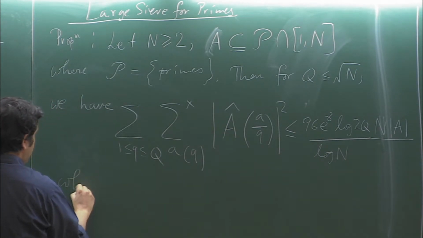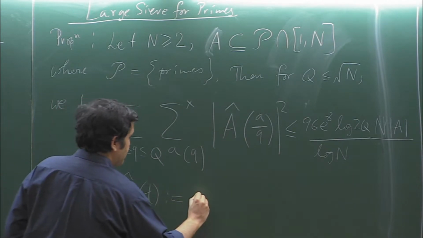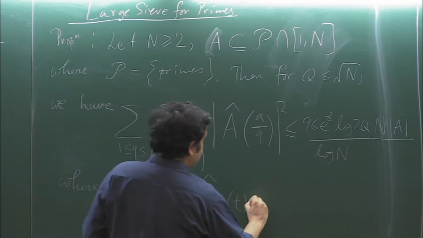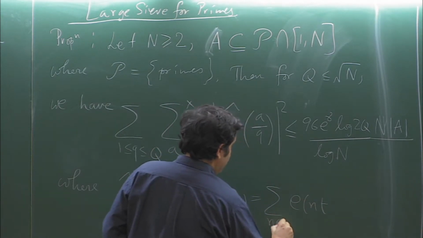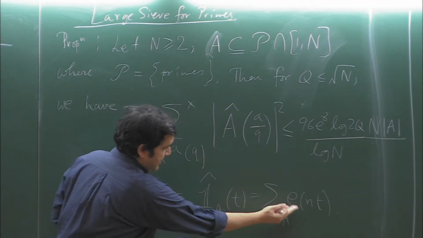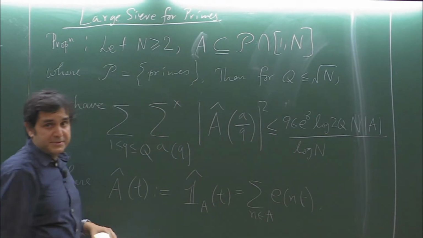A hat of t means the sum of e(nt), n belonging to A. So this sequence is just 1, 1, 1, but supported on a subset of the primes.